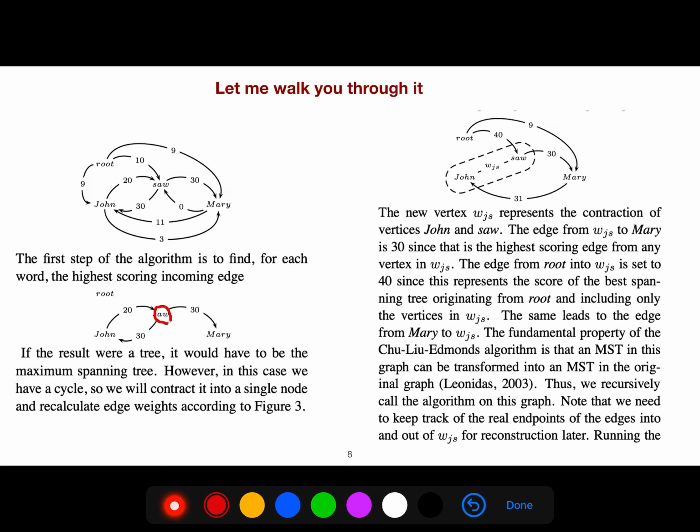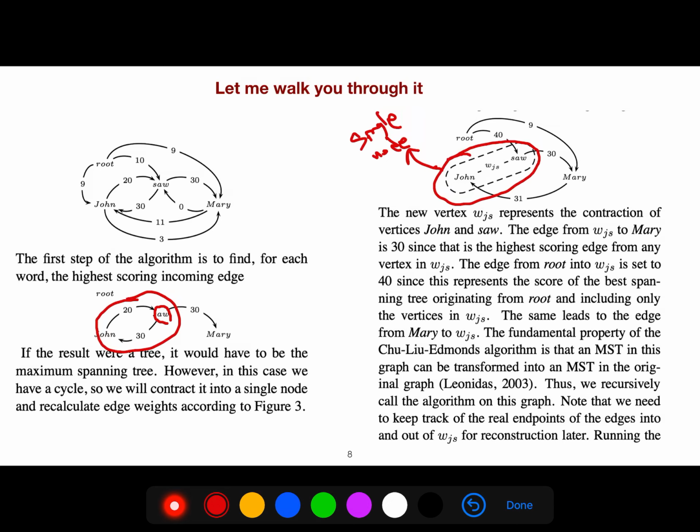So John saw is contracted to a single node. We contract all the loops, and the new vertex represents the contraction of the vertices John and saw.